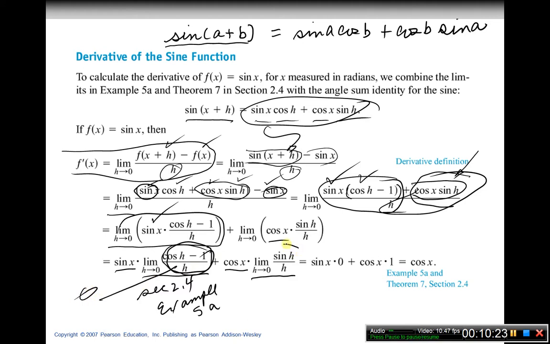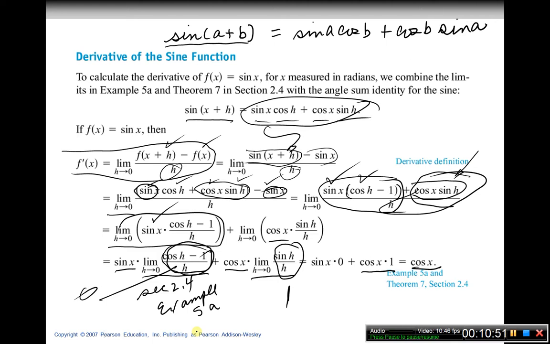And of course you remember that the limit of sine of h over h as h approaches 0 is equal to 1. So now the entire problem reduces to the fact that the derivative of f is equal to cosine of x plus 1, which is cosine of x. So that proves that the derivative of sine of x is cosine of x.